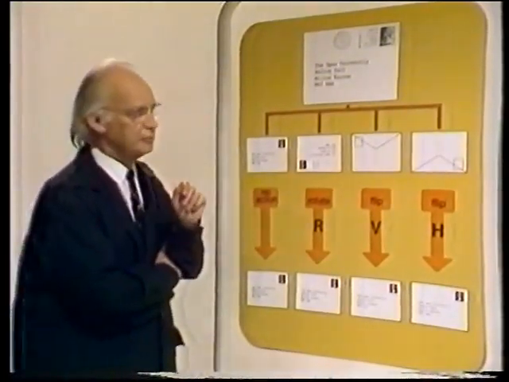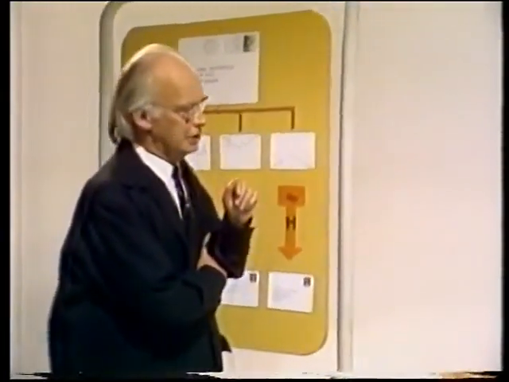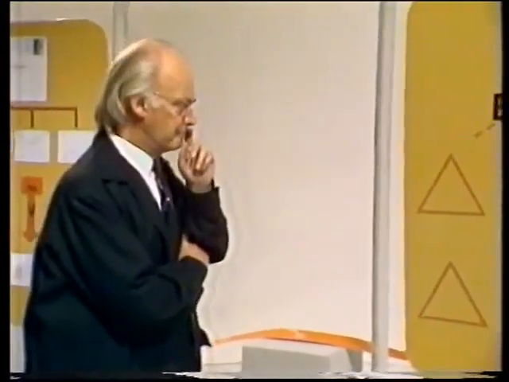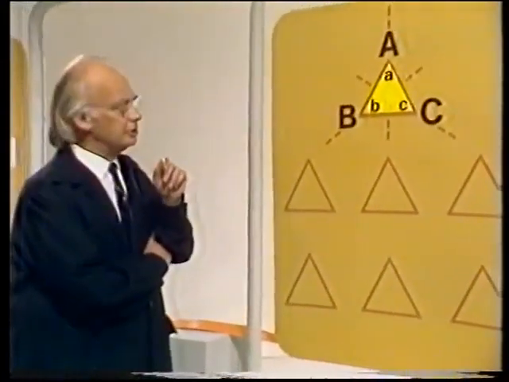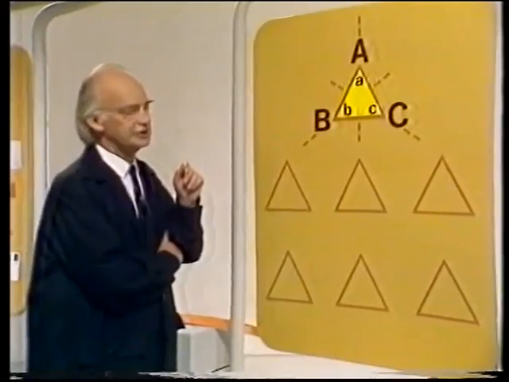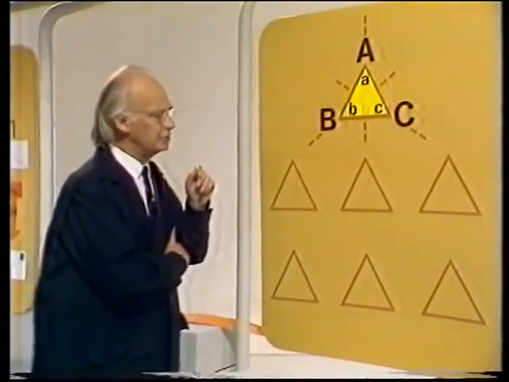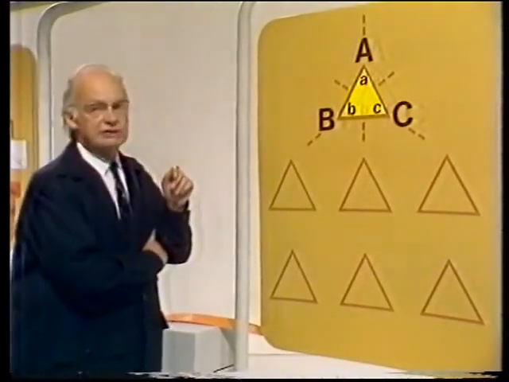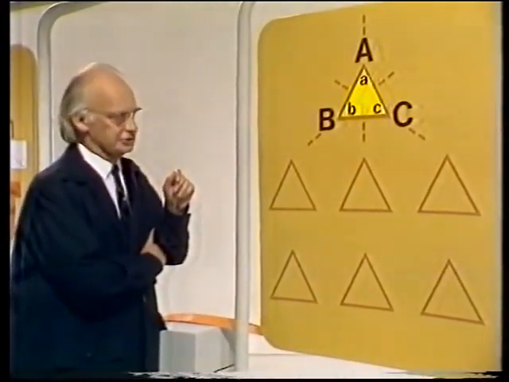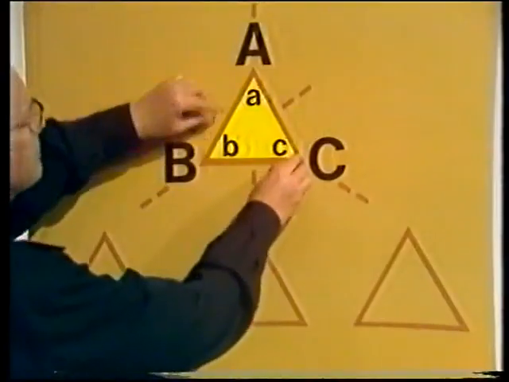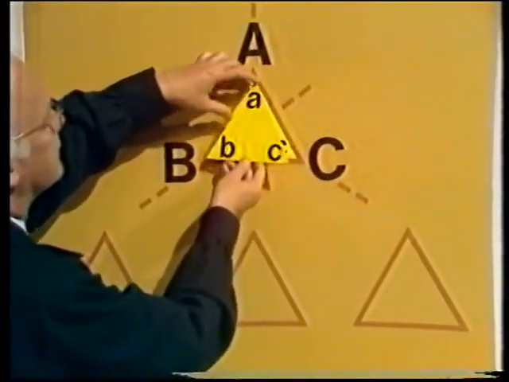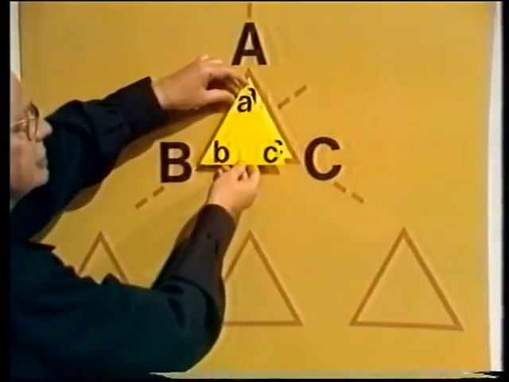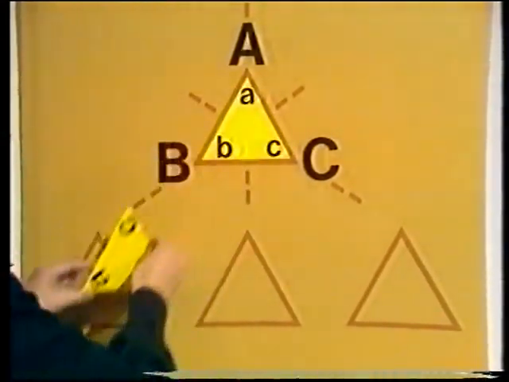Now, we need another group, and I'm going to use an equilateral triangle. Now, an equilateral triangle has more symmetry, in a sense, than a rectangle. There are, in fact, going to be 6. And I'm just going to define 6 different transformations. Here, plainly, is the first one. Rotate it through 120 degrees anti-clockwise. There it is.